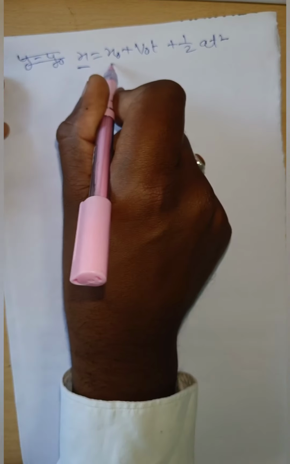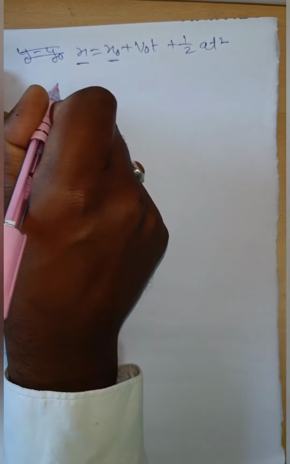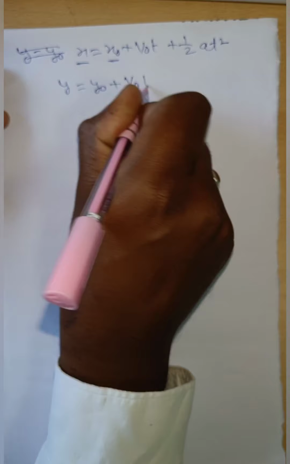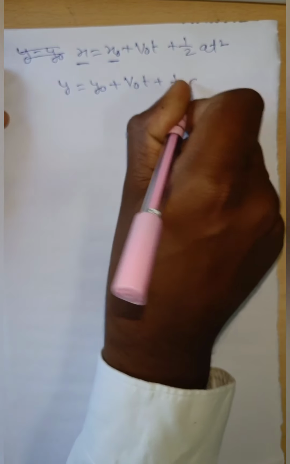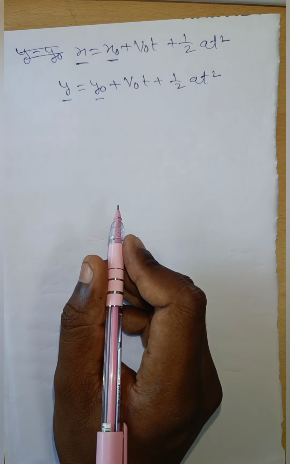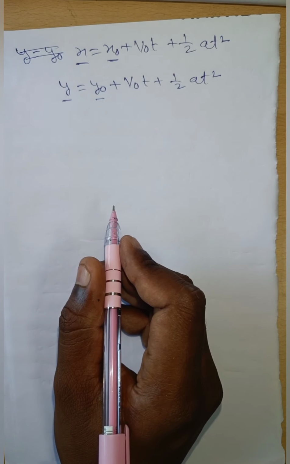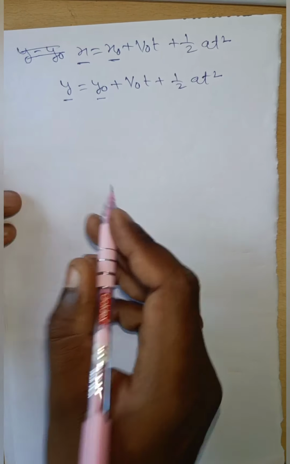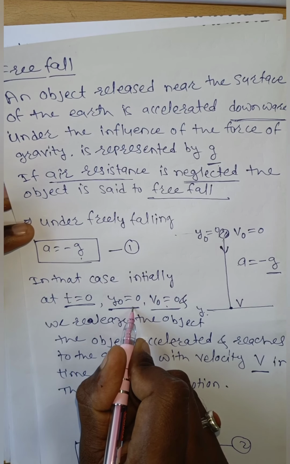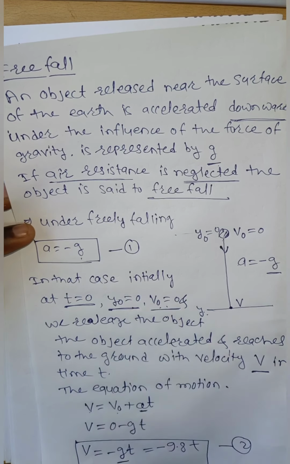But the motion is in a vertical direction, therefore it becomes y is equal to y naught plus v naught t plus half at square. What are y and y naught? They are displacements. y minus y naught is the final displacement, and y naught is 0, v naught is 0.